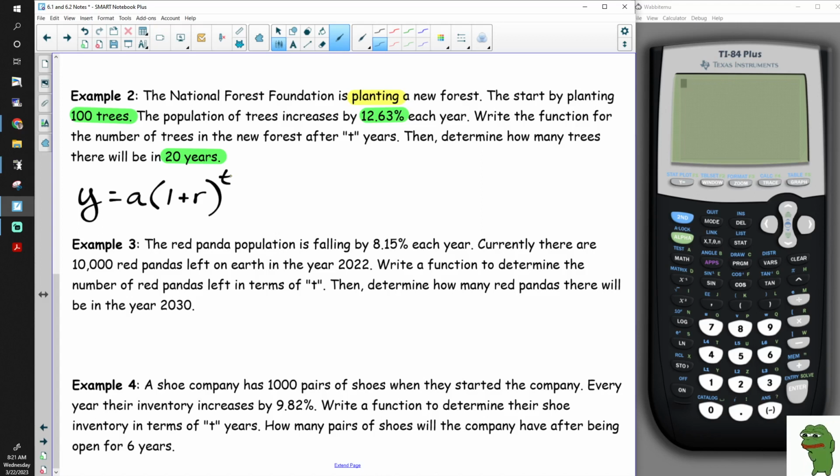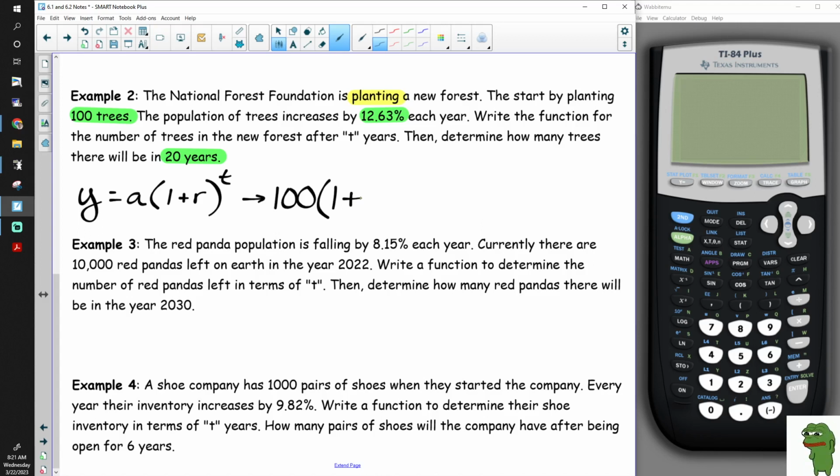Okay, and now we're plugging everything in. My initial amount, A, was 100. 1 plus. And here's what gets people, the rate. In order to find the rate, we need to divide it by 100. Right now it's a percentage.